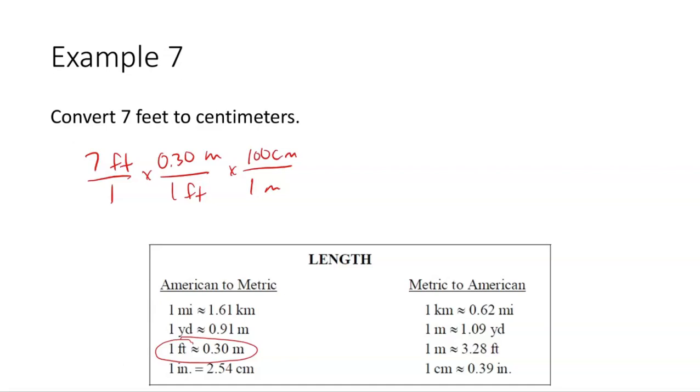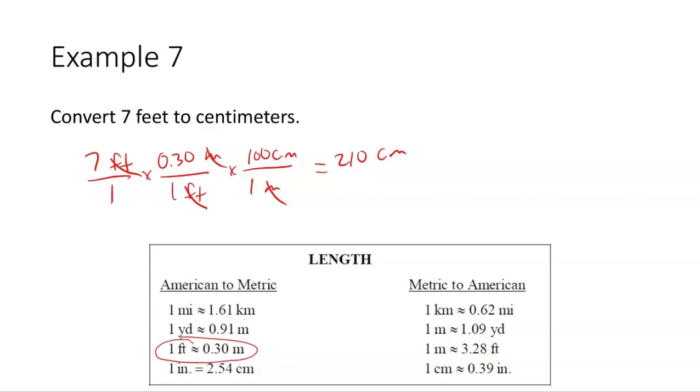So this will become 7 times 0.3 times 100. So 7 times 30 is 210 centimeters. Again, the feet units will cross out, the meters will cross out. What we're left with is units of centimeters.